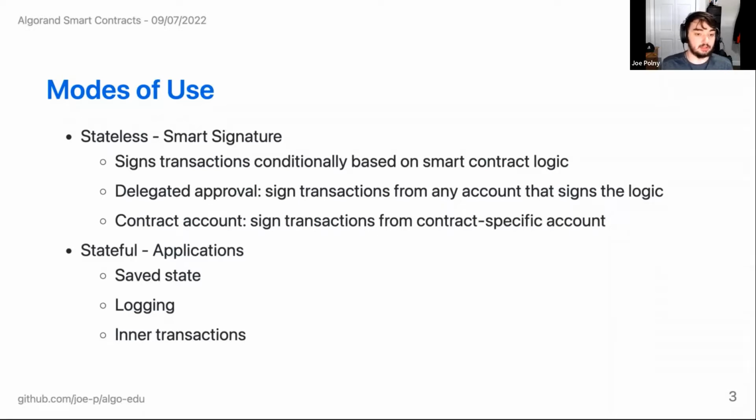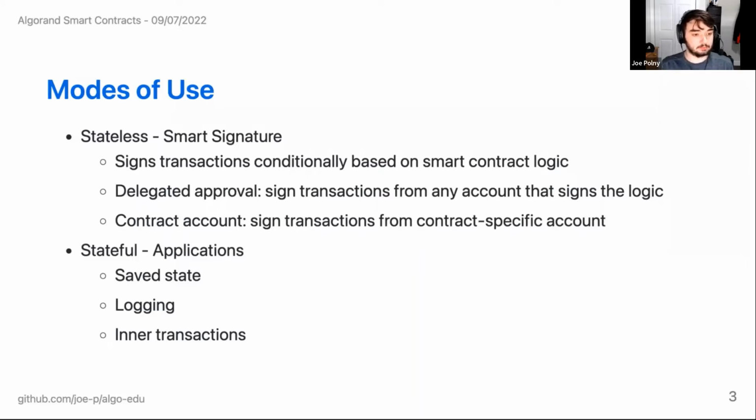So you can do things like a delegated approval. If one end user, let's call her Alice, signs a delegated approval contract, then that contract can spend money or send transactions on behalf of Alice's account. Then we also have a contract account, which is more traditional, where the smart contract can sign transactions for its specific address.